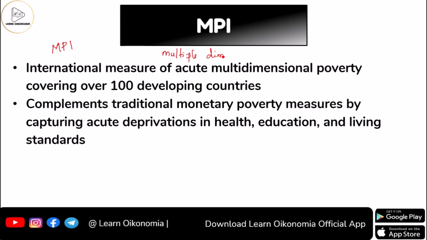The traditional idea of poverty will just look at the income aspect of a person and see whether his income is sufficient to satisfy his basic needs. But multidimensional poverty takes into consideration multiple aspects of poverty in a person's life, and it covers almost over 100 developing economies.